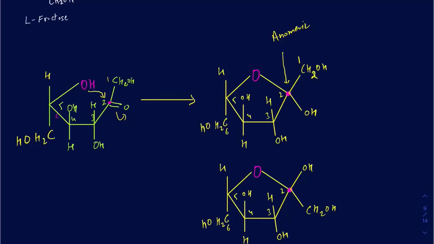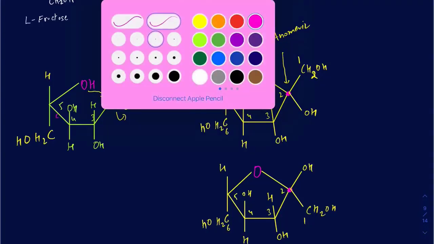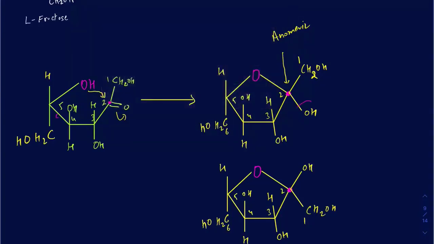In order to identify which one is alpha and beta, let's just go back and focus on the position of the hydroxy group on the anomeric carbon with respect to the CH2OH group on the 6th carbon. So if I change the color here, I can clearly see this OH is pointed down here, and then the CH2OH is also pointed down.